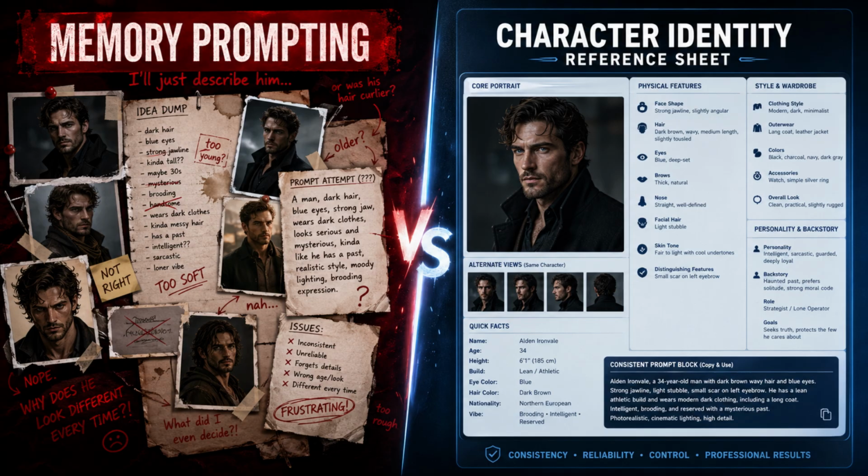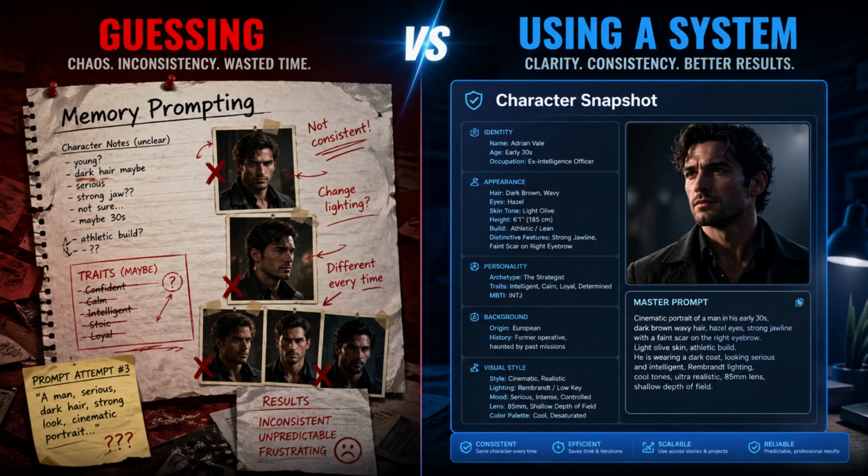Use the character reference sheet. And that one shift is a game changer because now instead of guessing, you are directing. Instead of hoping the AI remembers, you are giving it a clear foundation. Instead of rebuilding the character over and over again, you're placing the same person into creative situations.